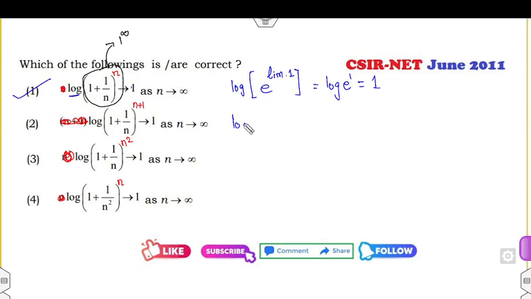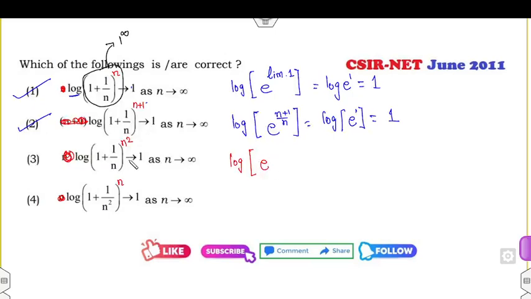Similarly for the second question, log e raised to power fx into gx, n plus 1 over n. If you take the limit, then it will be e raised to power 1. It is again 1. Look at the third option. Again, it's a log e raised to power fx into gx. That is my n. So if you take the limit as n approaches infinity, this will go to e raised to power infinity.